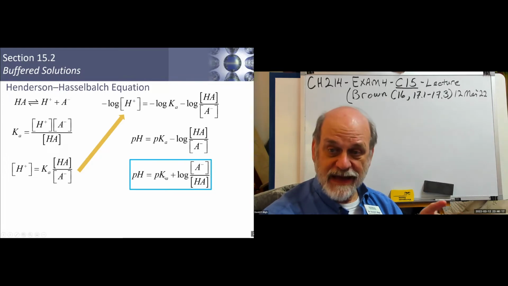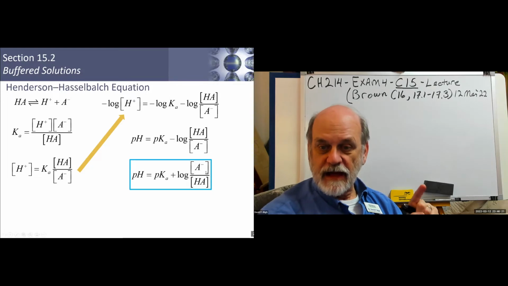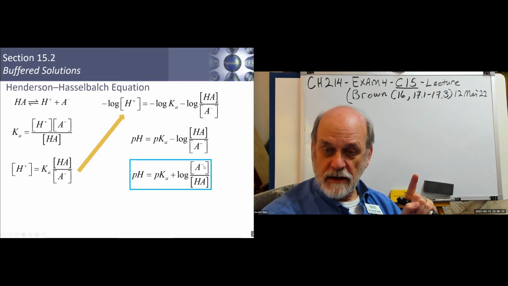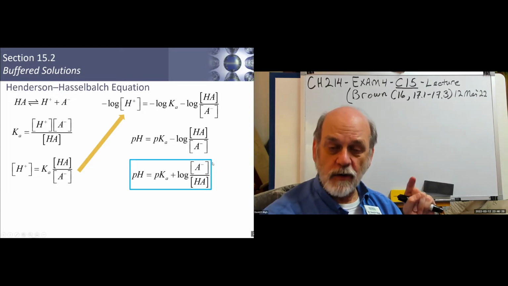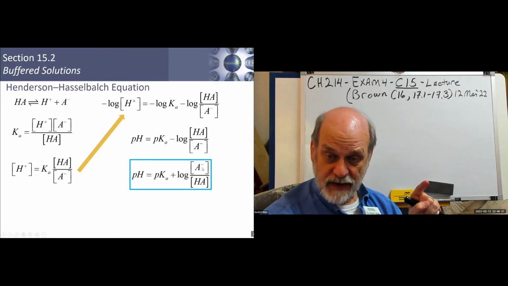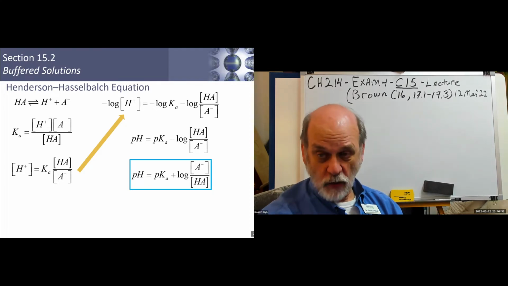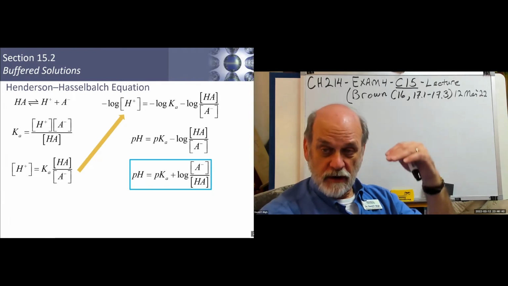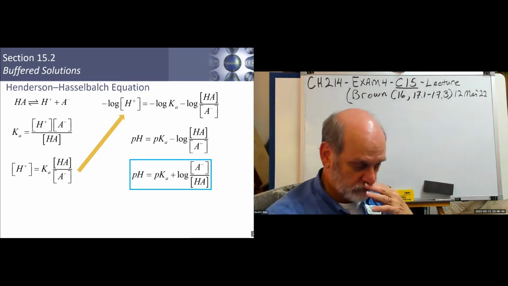If you know the pKa for that weak acid, and you know the equilibrium concentration of HA, the undissociated acid, and the equilibrium concentration of the conjugate base, you can plug those values in and find the pH. And you don't necessarily have to go through the equilibrium calculations using an ICE table.